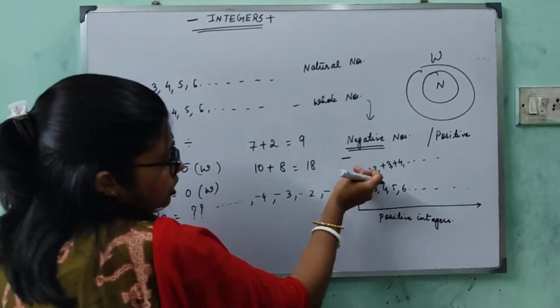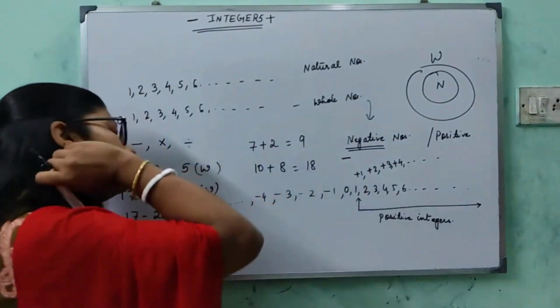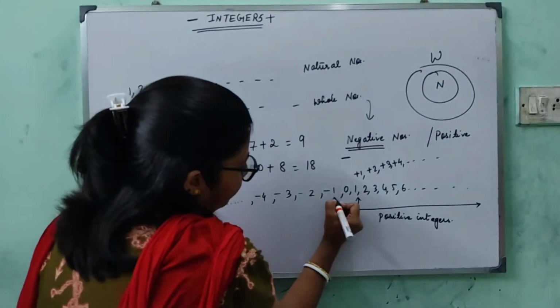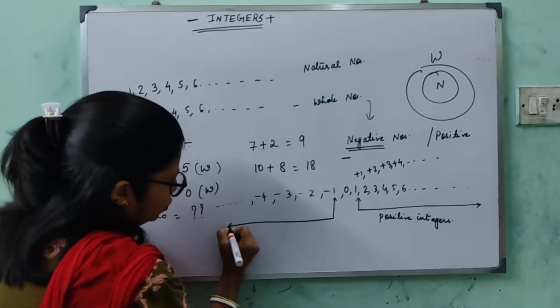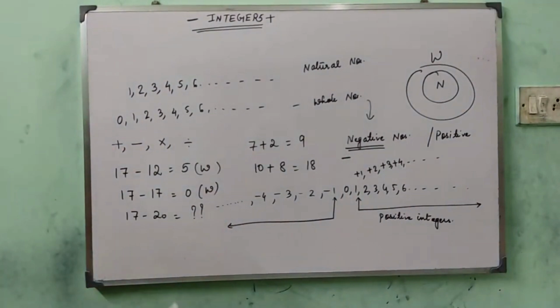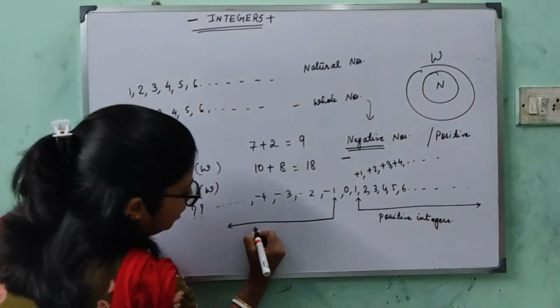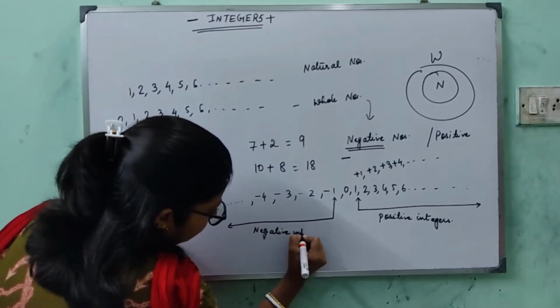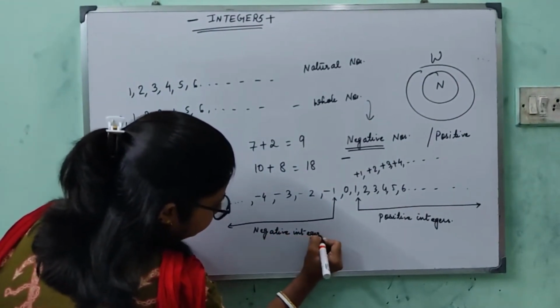And here, just opposite to every positive number, I have a negative number. So right from minus 1 to the extreme end, we have no end to that, that is your negative integers.